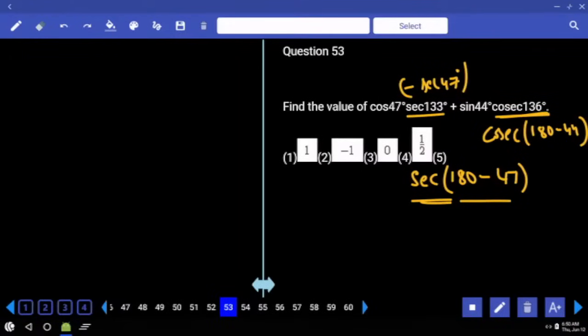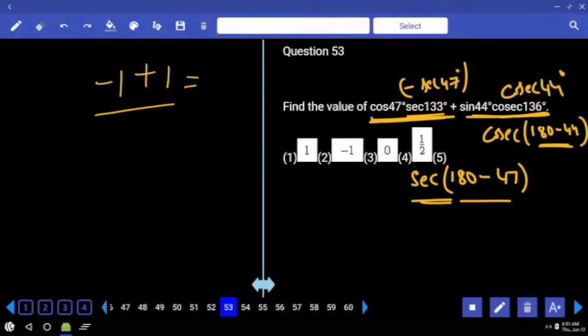And cosecant in the second quadrant is a positive number only. So this is converted to cosecant 44 degrees. You understand this point? So the first one is positive or negative? Negative. Cos theta into secant theta is minus 1. Sin theta into cosecant theta is plus 1. Answer 0.